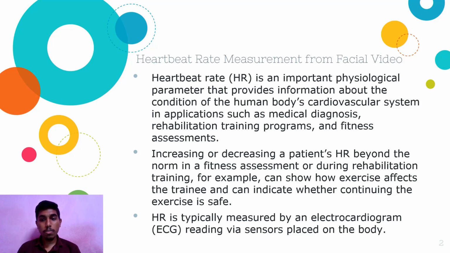Increasing or decreasing a patient's heart rate beyond the norm in a fitness assessment or during rehabilitation training, for example, can show how exercise affects the trainee and can indicate whether continuing the exercise is safe. Heart rate is typically measured by an electrocardiogram (ECG) reading via sensors placed on the body.